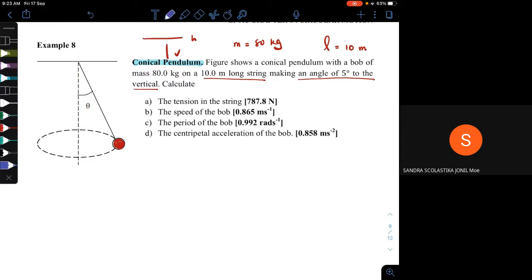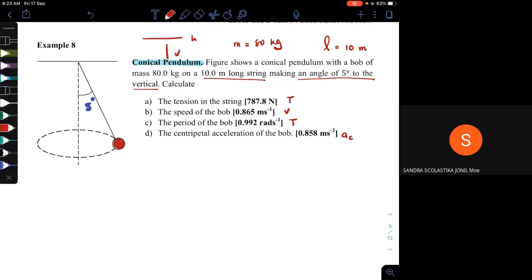Tapi this one, kalau dia tak kasih, kamu tahulah angle tu kat sini, 5 degree from the vertical, okay. So calculate the tension in the string. Dia minta tension, dia minta the speed. Okay, speed tu, kalau dia cakap speed je, maksudnya V je tau. Okay, angular velocity baru omega. And then dia minta period, T juga simbol dia. And then dia minta AC kat ujung ni, okay.